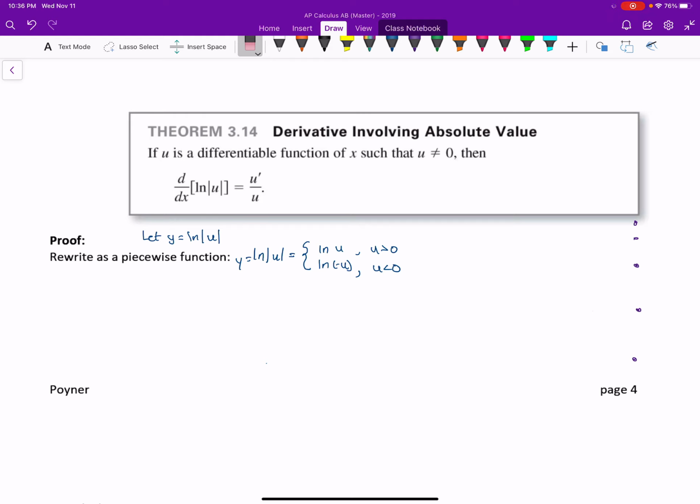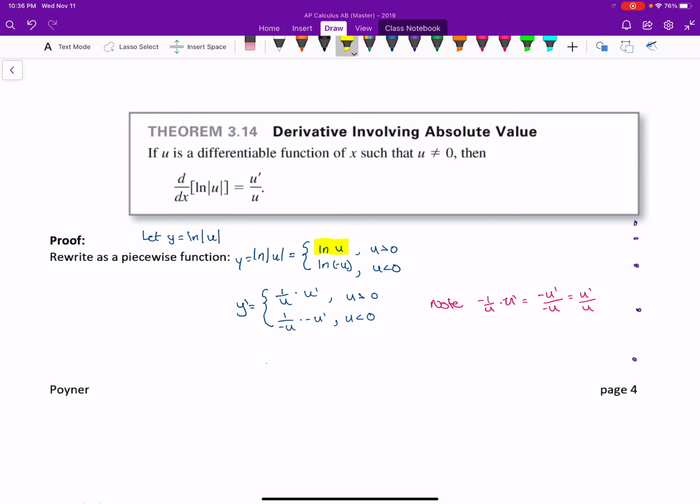So that's what I wrote here. And then you're going to take the derivative with respect to x of each of the pieces. So that's how to deal with a piecewise function. So step number 2, I'm just taking y prime, taking the derivative of the natural log of u, which is 1 over u times u prime.